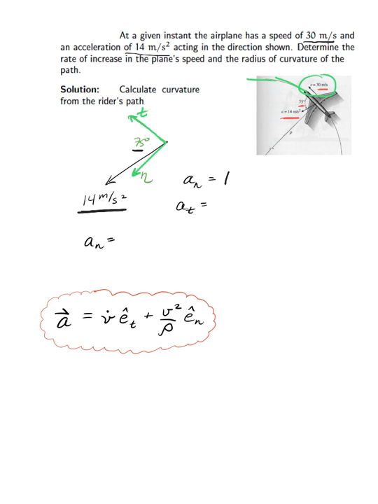The normal direction would be 14 times sine 75 degrees, giving us a value of 13.52 meters per second squared. In the tangential direction, it's going to be 14 times cosine 75 degrees, which is equal to 3.62 meters per second squared.